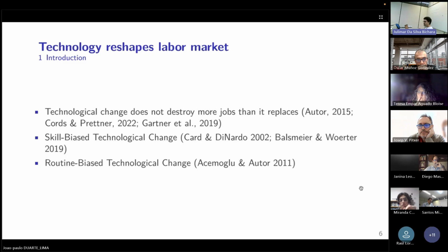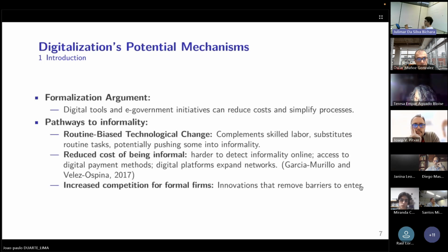So there is the idea of the polarization of the labor market, because routine jobs are more like middle skill jobs. So we have low skill jobs and high skill jobs in the end. If we think that in the informal sector most jobs are low skilled, then this technological change will affect transitions from job to job, and maybe will create some pathways to formalization and to informalization.